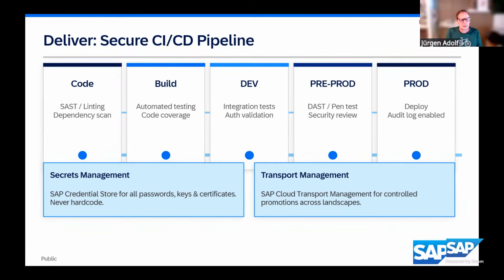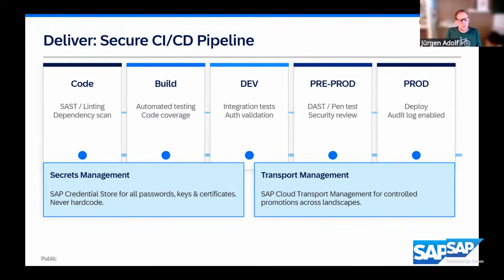pre-prod, and prod. So in the code stage, you run SAST, static application security testing, and dependency scanning to catch the vulnerabilities before they are built. And in the build stage, as you can read, there is automated testing and code coverage validation, which confirm that what you are shipping behaves as you expected. And in the dev stage, integration tests and authorization validation run against the deployed application.